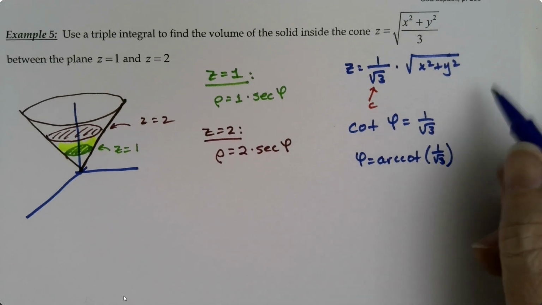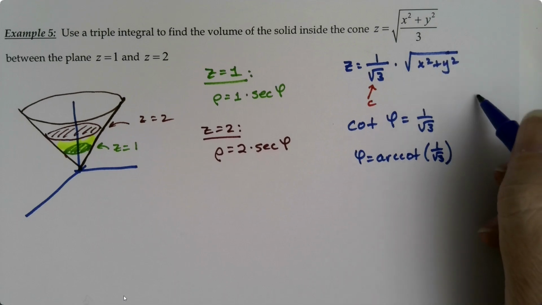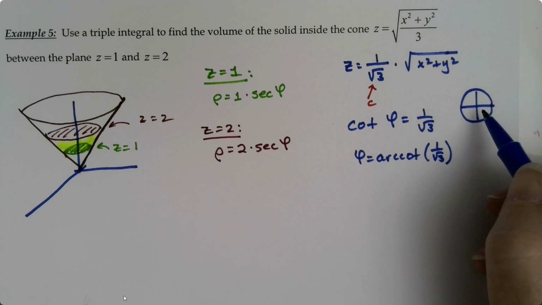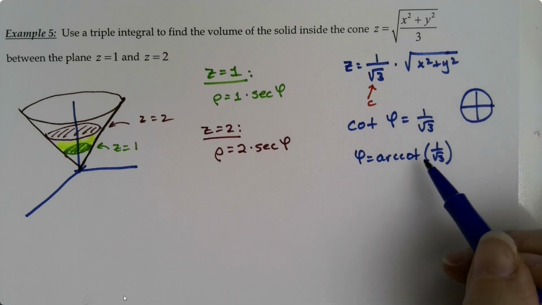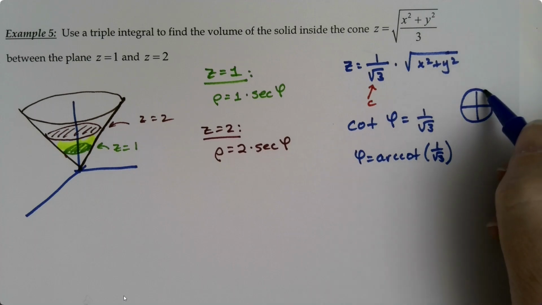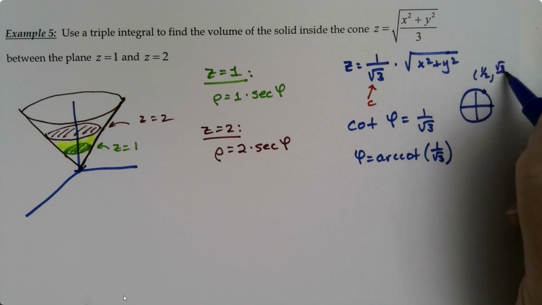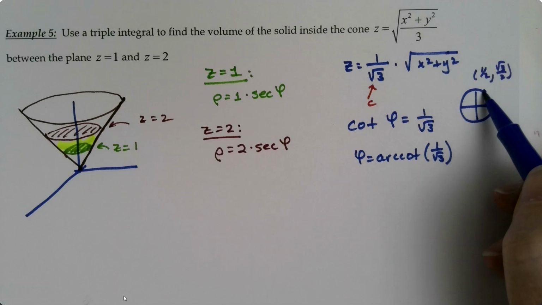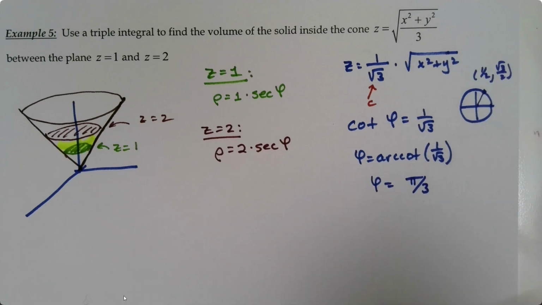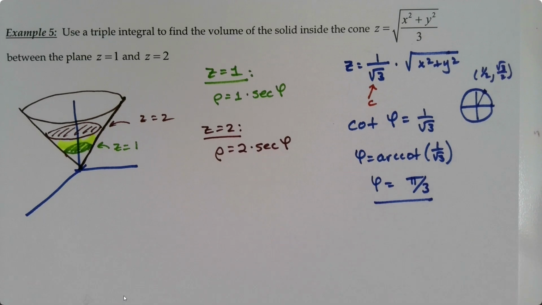Now, using your unit circle knowledge, there's an angle in the first quadrant that would have the cotangent, which is cosine over sine, equal to 1/2 for the cosine and square root of 3 over 2 for the sine, and that would work out. And that is pi over 3. We love our unit circle. It's very, very helpful. Okay, so now we're ready to set it up.